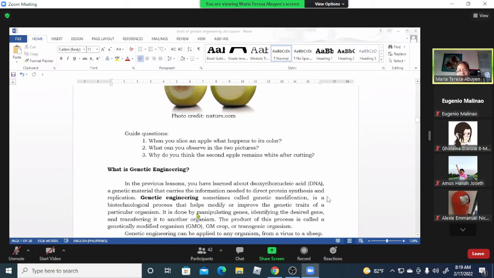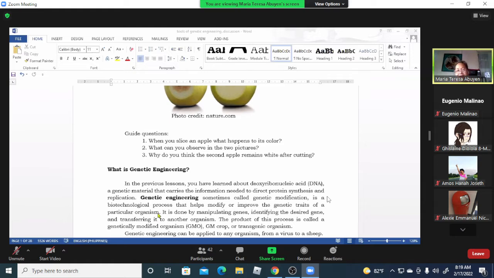Genetic engineering, sometimes called genetic modification or simply modern biotechnology, is a biotechnological process that helps modify or improve the genetic traits of a particular organism.